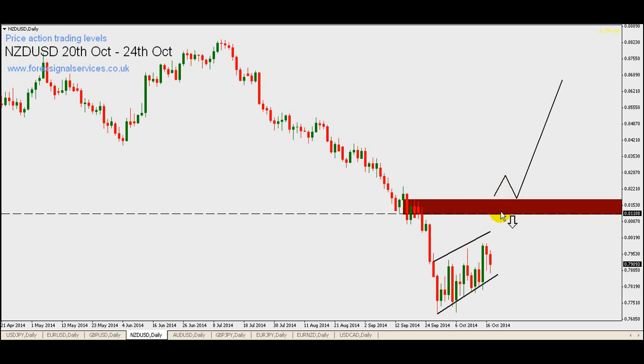When these levels get broken, then very often they flip over, and instead of being a supply zone, they turn into a demand zone. So look for these to pull back up to these levels, and if they get broken, then look to trade in the opposite direction, as long as you've got the correct price action, of course, using our price action candles. So for NZDUSD, 81.18 to go short on.